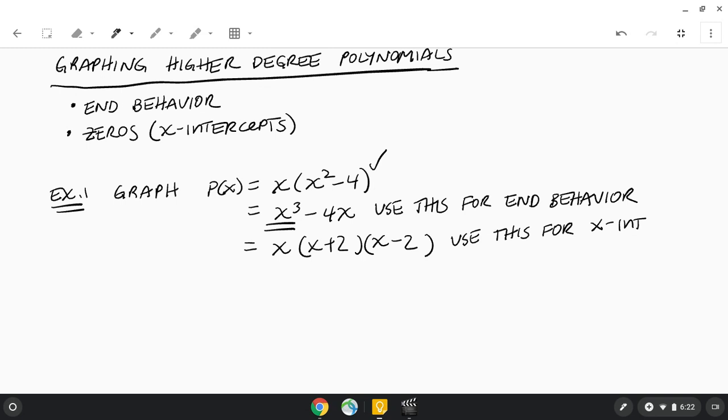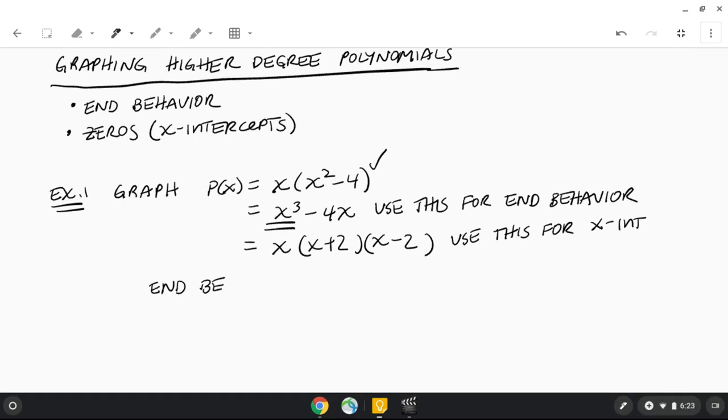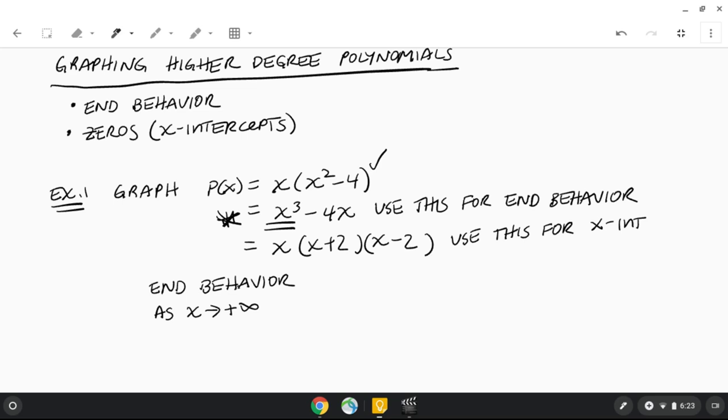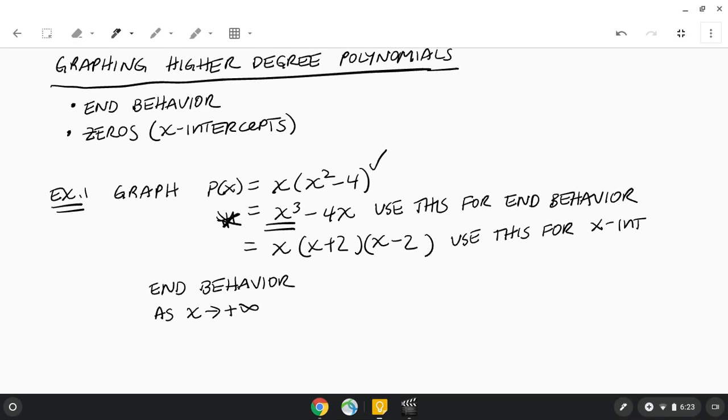All right. So let's begin. So let's start with the end behavior. So again, end behavior, we're using this one over here. Okay. So again, we only need that leading term. Okay. So as x goes towards positive infinity, it gets very, very positive, like 1 million.